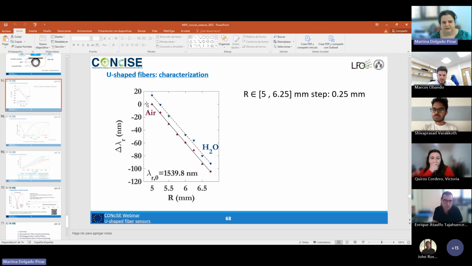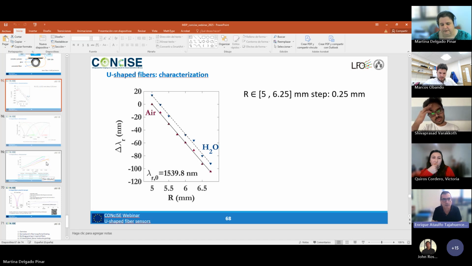The important thing was to select the radius properly, because we wanted to have the resonances at a given wavelength. And also, the cool thing is that the linear performance worked the same in air as in water. So there was not going to be a different behavior when we were using water or air. Thank you.